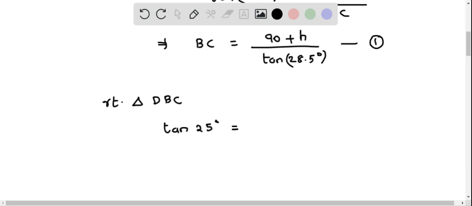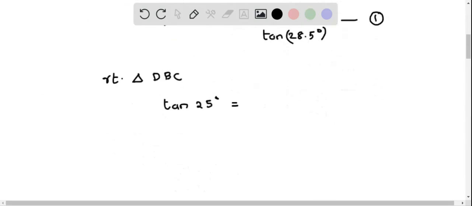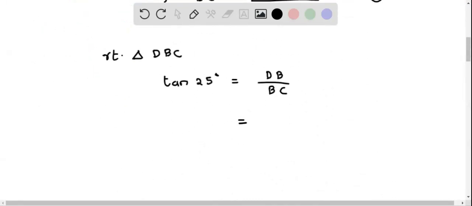This equals the opposite side to 25 degrees, which is DB, over the adjacent side BC, and we know that DB we have represented as the height of the hill, which is H. So I write this as H over BC. And this side we have the tangent of 25 degrees.